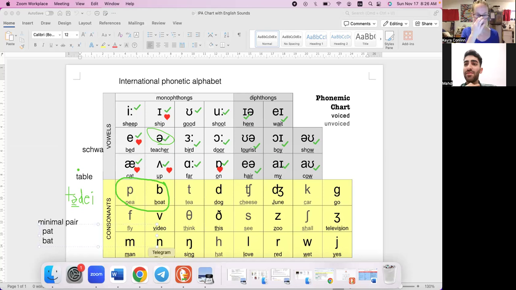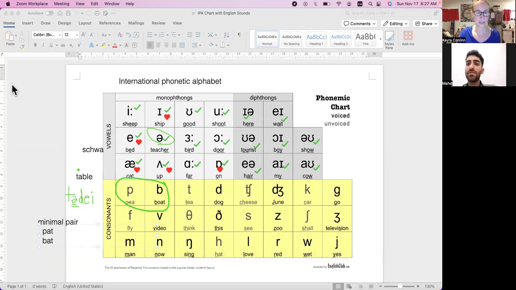They are exactly the same, right? Saying the rest of the word is the same. The only difference is these two letters. So we have pat and bat. So that's a minimal pair. It's in words and syllables like this that people often get confused.